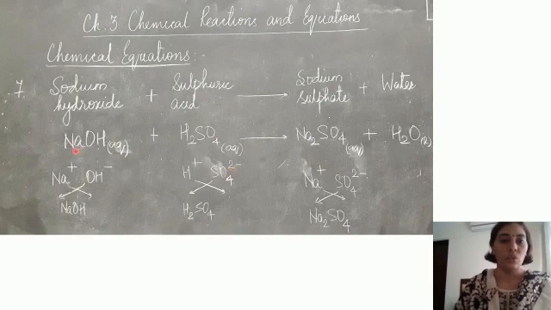So sodium combines with the negative sulfate ion, giving sodium sulfate, and the hydroxide ion, 1 minus, combines with hydrogen, being positive, giving rise to water, that is H2O. So this is one more example, and let's balance this equation in the next slide.